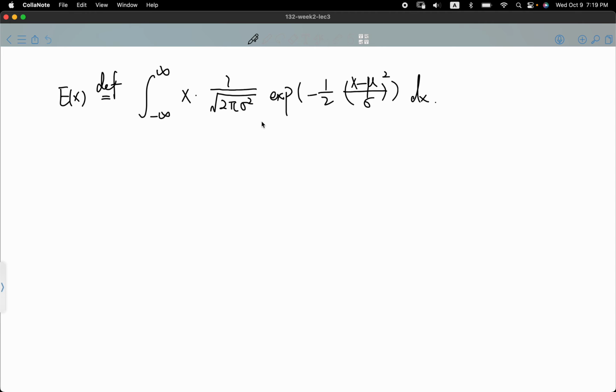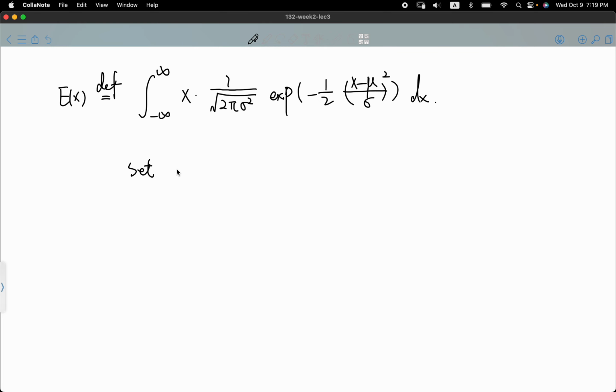Now we are going to make a change of variables, because as you can see, there are two places that have x. So we need to use some technique to handle this case. For example, we used integration by parts for the exponential distribution. And here we also have that case, so let's see what else we can do.